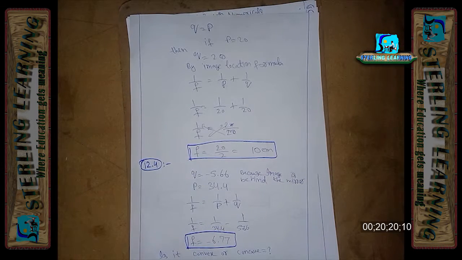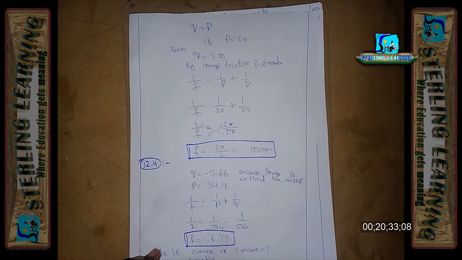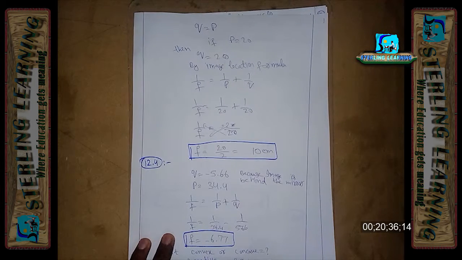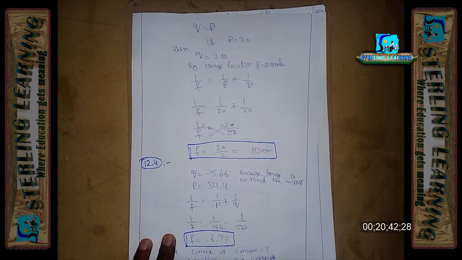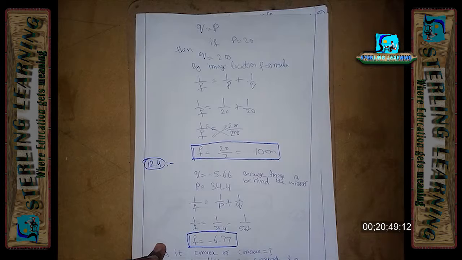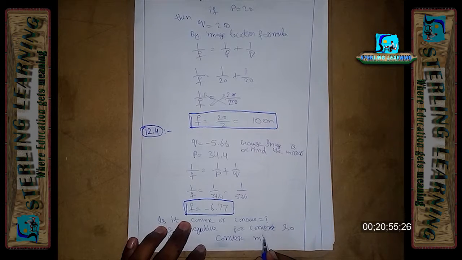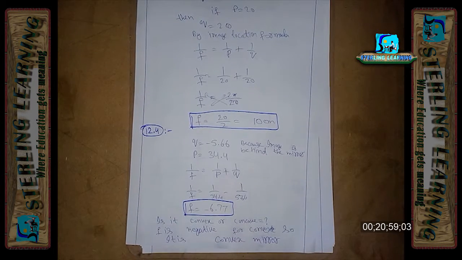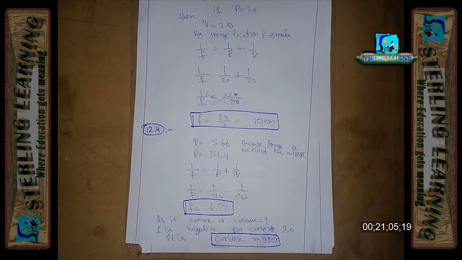So for convex, F is negative, so it is a convex mirror. So this is the answer for the question.